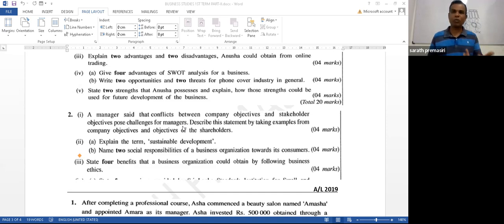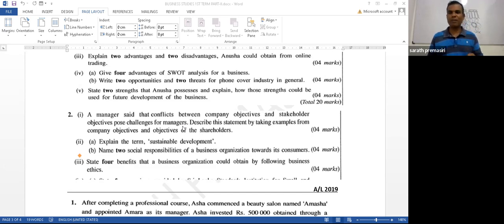It is a challenge for the managers when taking decisions with regard to the business. Describe this statement by taking examples from company objectives and objectives of the stakeholders.